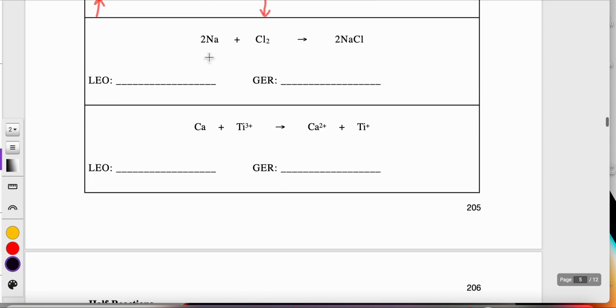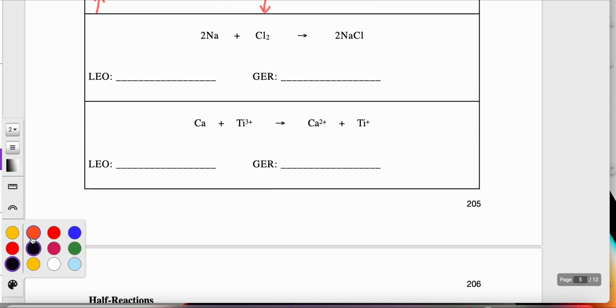Taking a look at the next example. In this example, the formula Na, an element, so we assign it a 0. Cl2, a diatomic element, we assign it a 0. NaCl is a compound, so the sum of their charges must be 0. Na is from group 1.